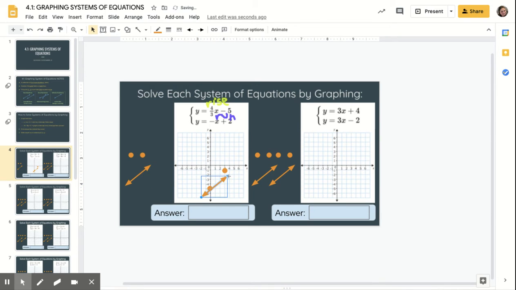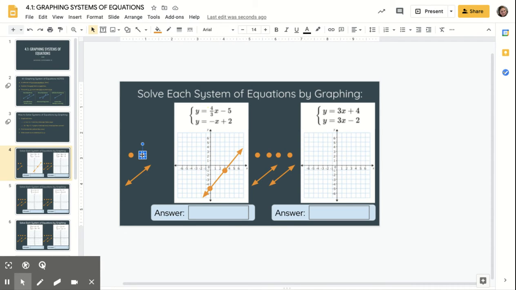The only thing is, you need to make sure that your points actually go through that line because you're going to want to find the intersection in a second. The other line is going to start at 2 because it's got a plus 2. And this one has a slope of negative, well, there's no number out there.